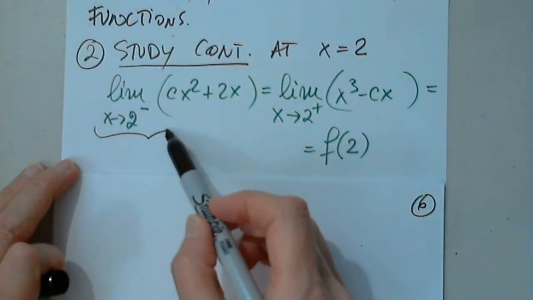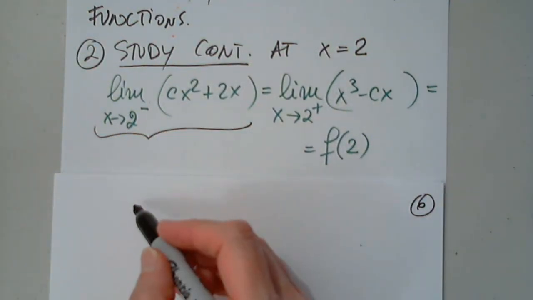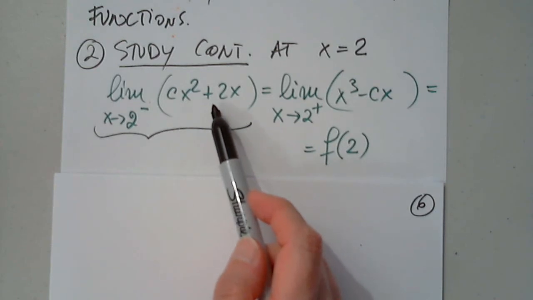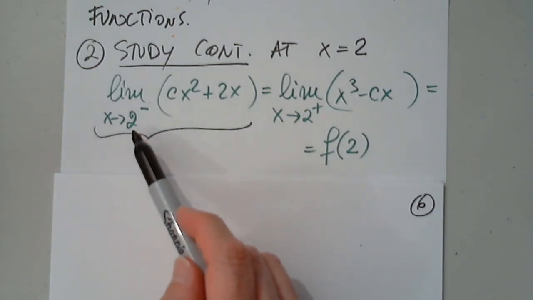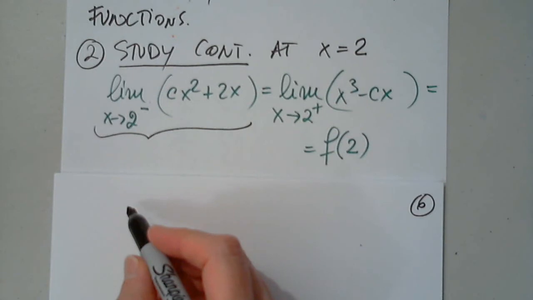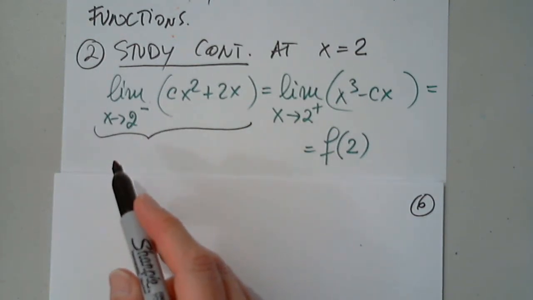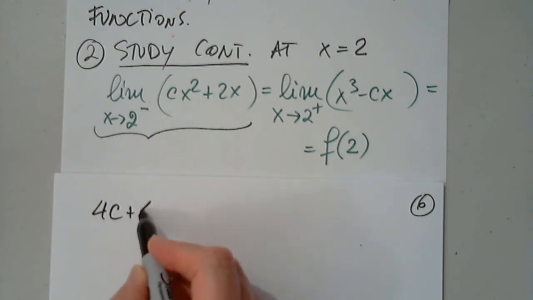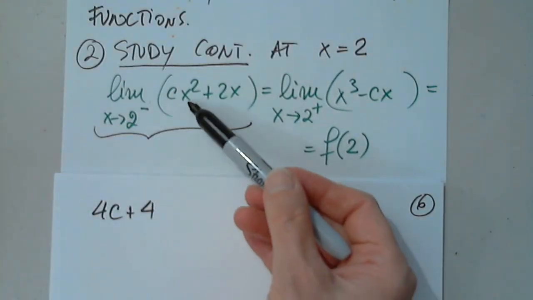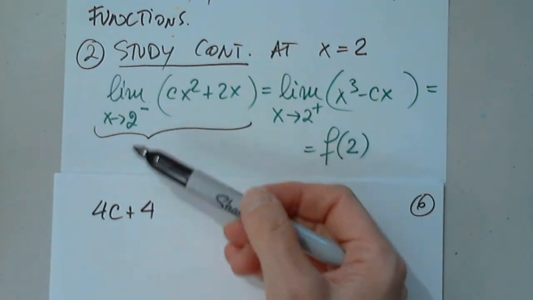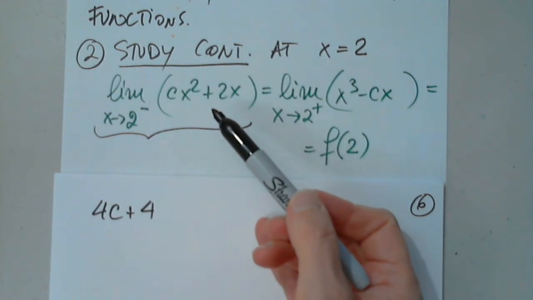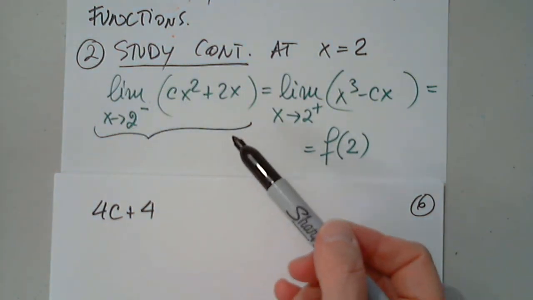So can anyone give us the limit of this polynomial function when x approaches 2? 4c plus 4. Excellent. When x approaches 2, 2 squared is 4 times c plus 2 times 2. That's how we know from last time how to determine limits of polynomials.